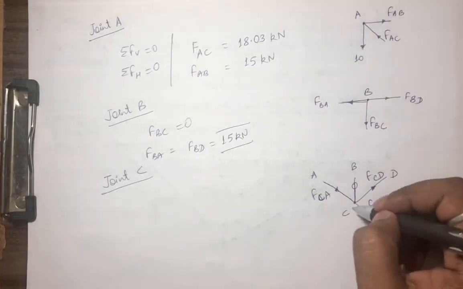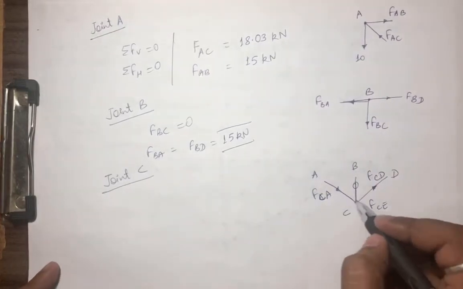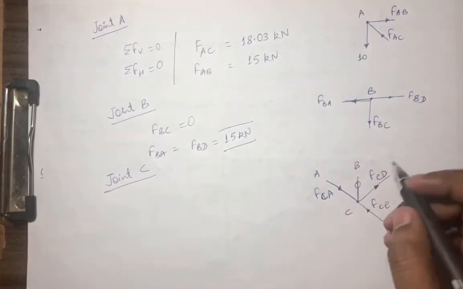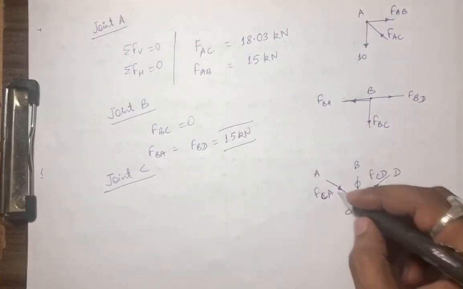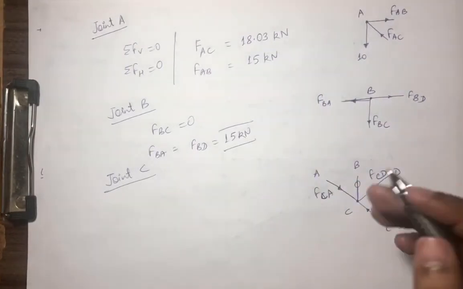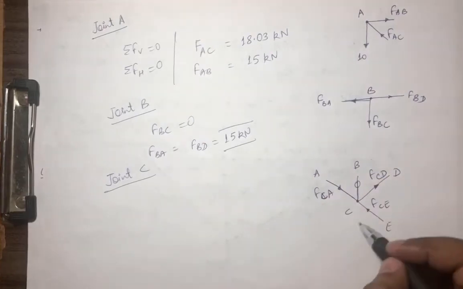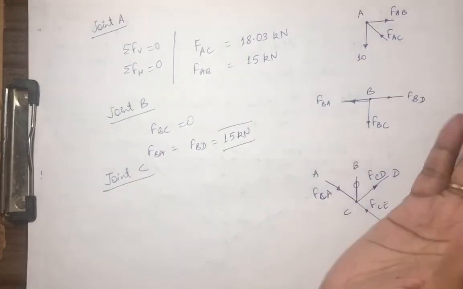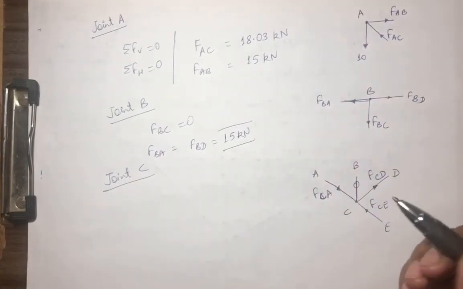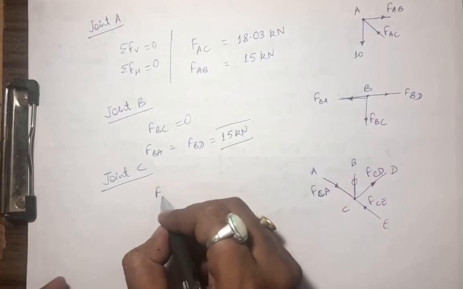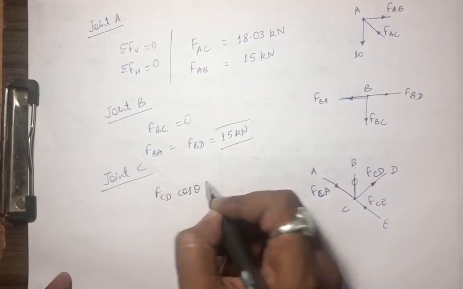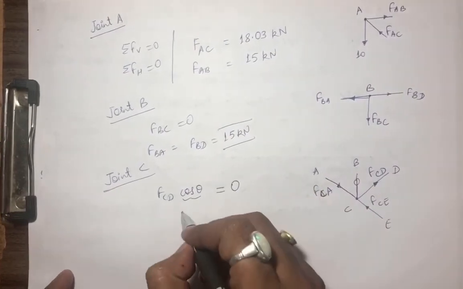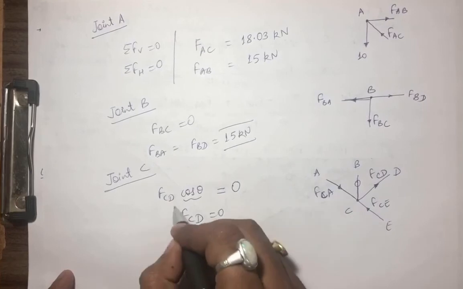Now, because these angles are not very easy to find, we can take the component perpendicular to this member ACE. So only these three forces are there. If we take the component perpendicular, the components of these forces will not contribute, so force CD into some cos theta or sin theta will be there, and it will be 0. So FCD is 0.